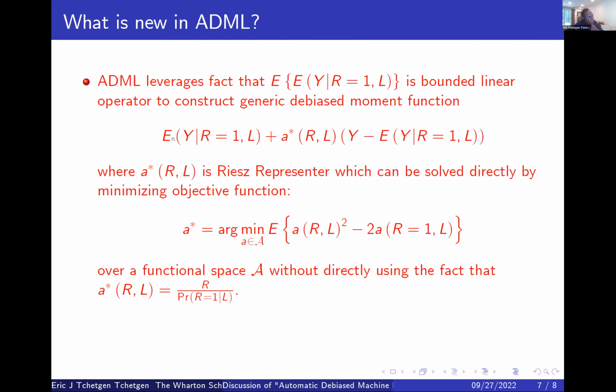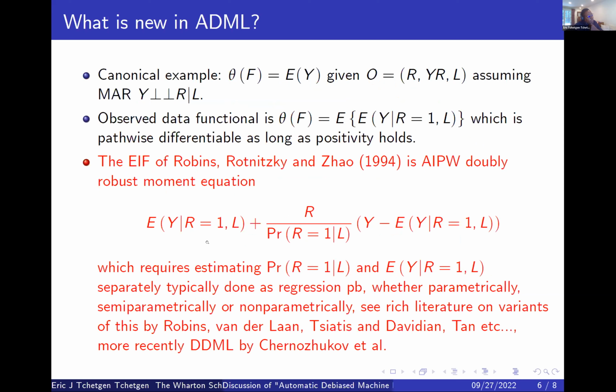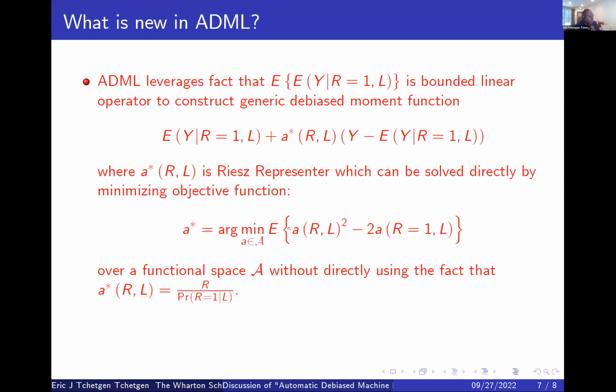And so you'll note the comparison between the doubly robust estimator, which tells you what the second nuisance parameter is in terms of the observed data distribution, the propensity score, versus this construction of ADML, which just says I just need a function of R and L. And of course, for this to be an observed data statistic, this has to be linear in R, because an indicator of R has to sit here, so you see Y.